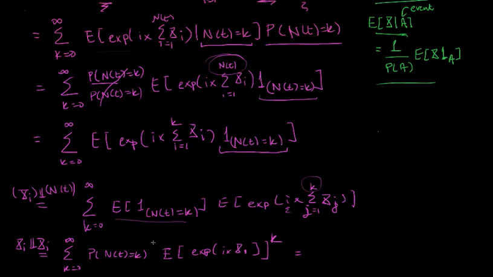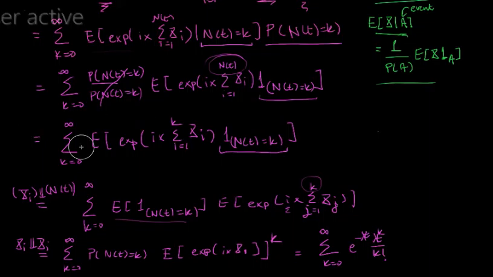So let's just recall that N(t) is Poisson distributed with intensity lambda, and that means that it has point probability in k given by e to the minus lambda, lambda to the k divided by k factorial. And afterwards we have this thing here, which is also taken to the kth power, right? Oh, sorry, it's lambda t here.